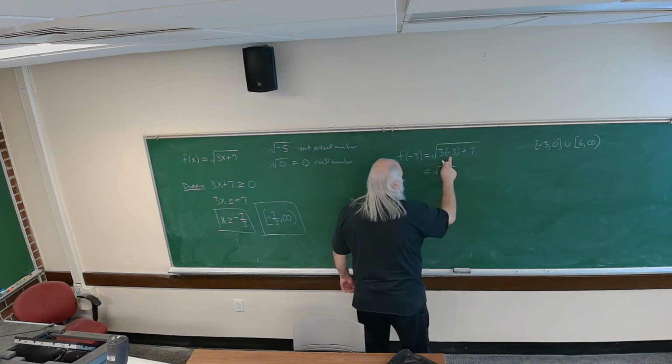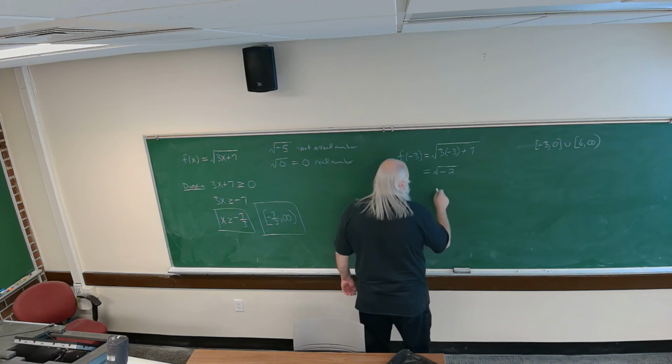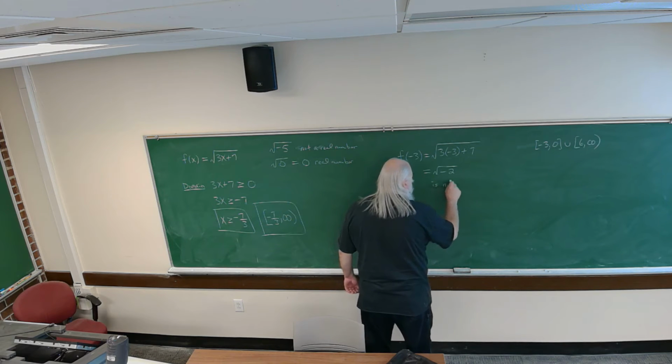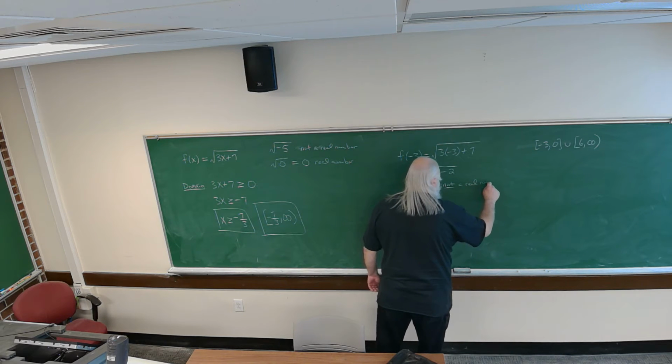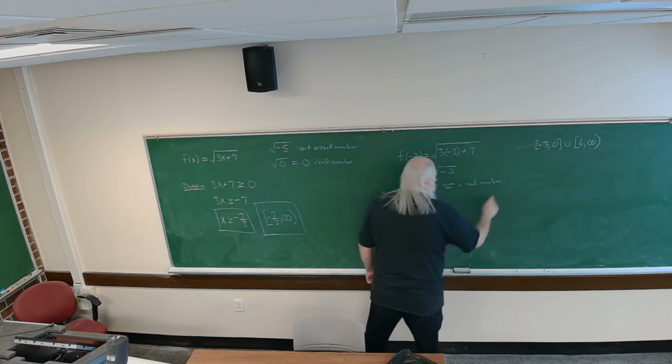Three times minus 3 is negative 9. Negative 9 plus 7 is minus 2. And the square root of minus 2 is not a real number. Okay?